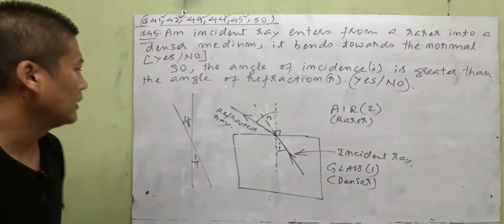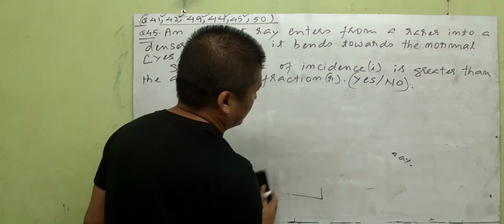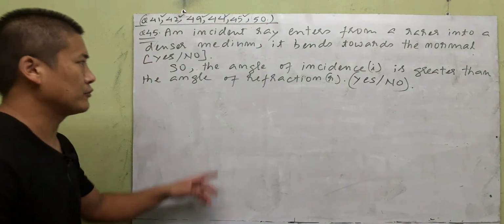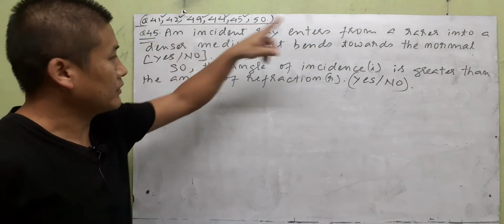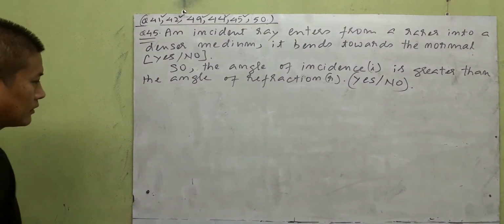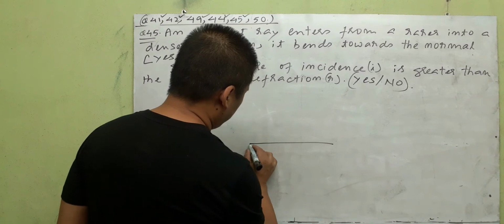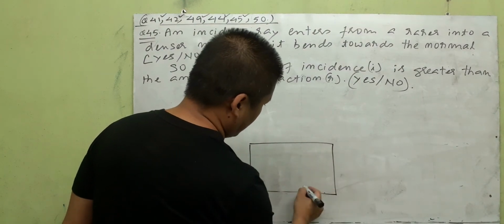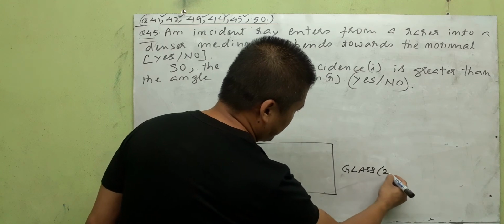Okay, so let us draw below this a diagram again. This time it is from a rarer into a denser medium. The previous one was from denser to rarer. Let's take the first set of medium. Here this is glass, and this time glass will be medium 2.